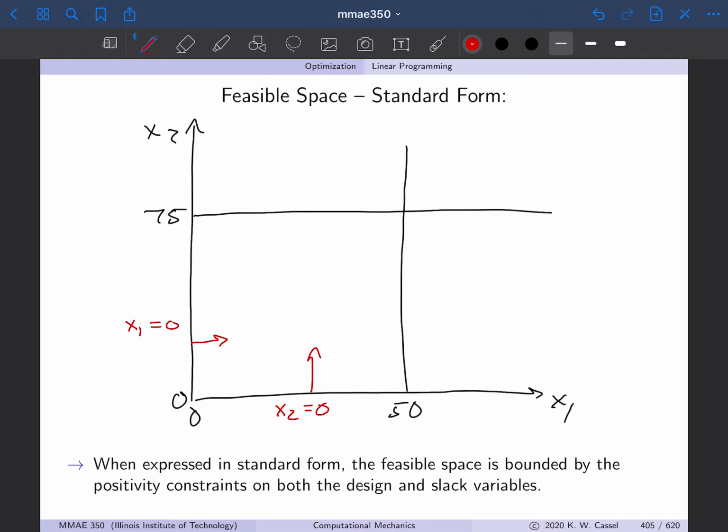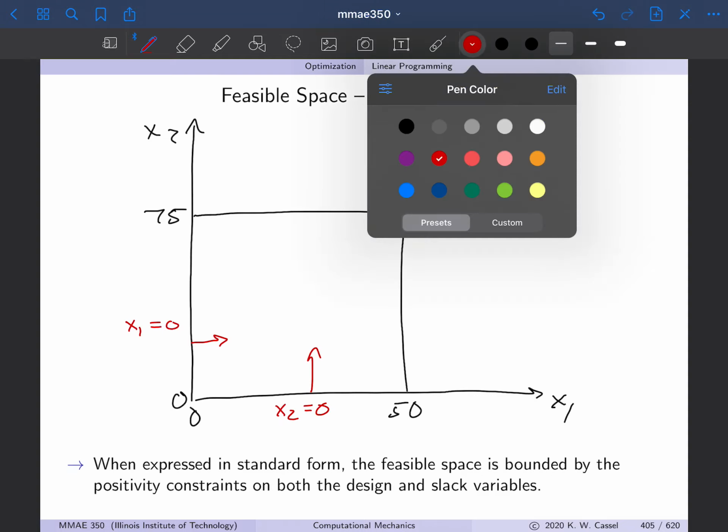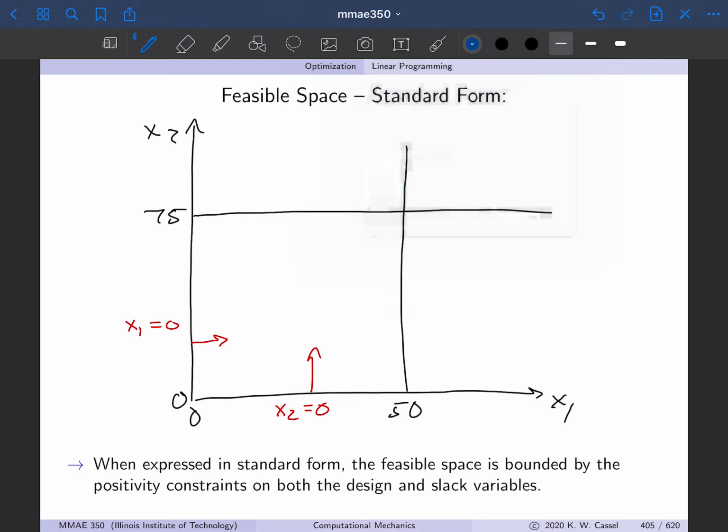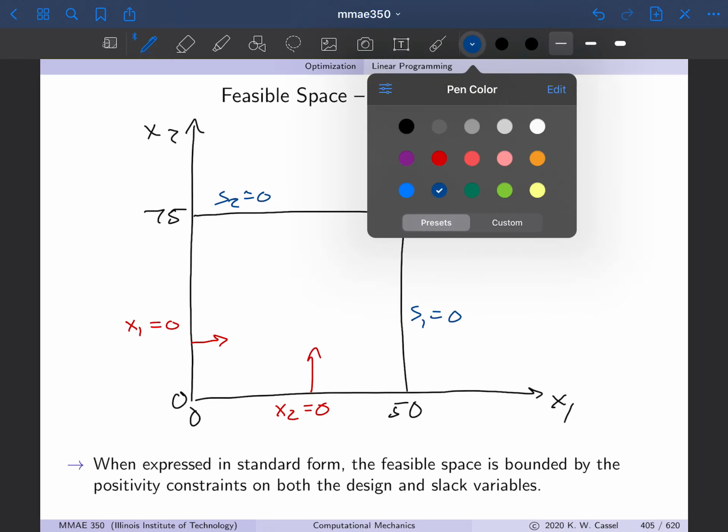And then we had the, let's see, I forget what color I used for inequality constraints. I'm just going to use blue. So for the inequality constraints, s1 is equal to 0, well, let me just write it down and then I'll highlight it. And s2 is equal to 0 is up here, that's a 2.